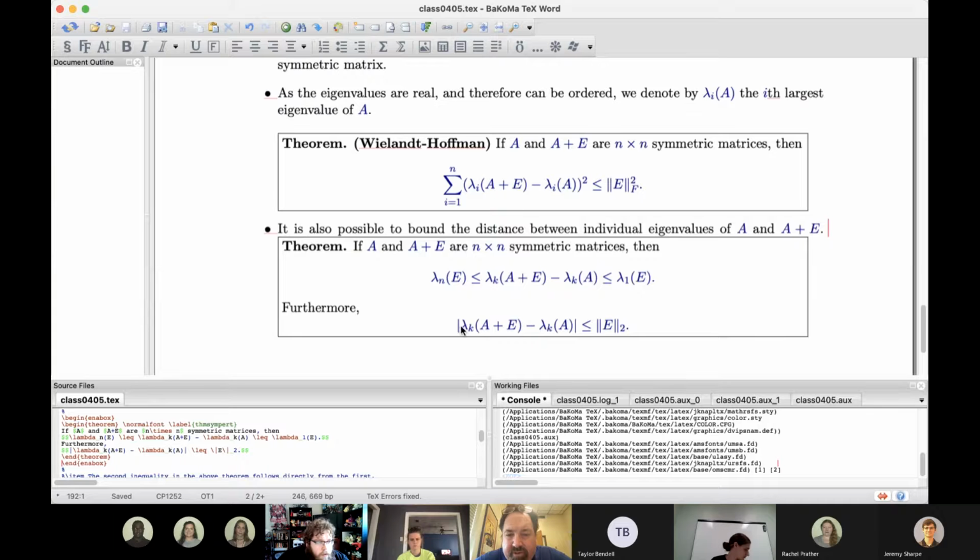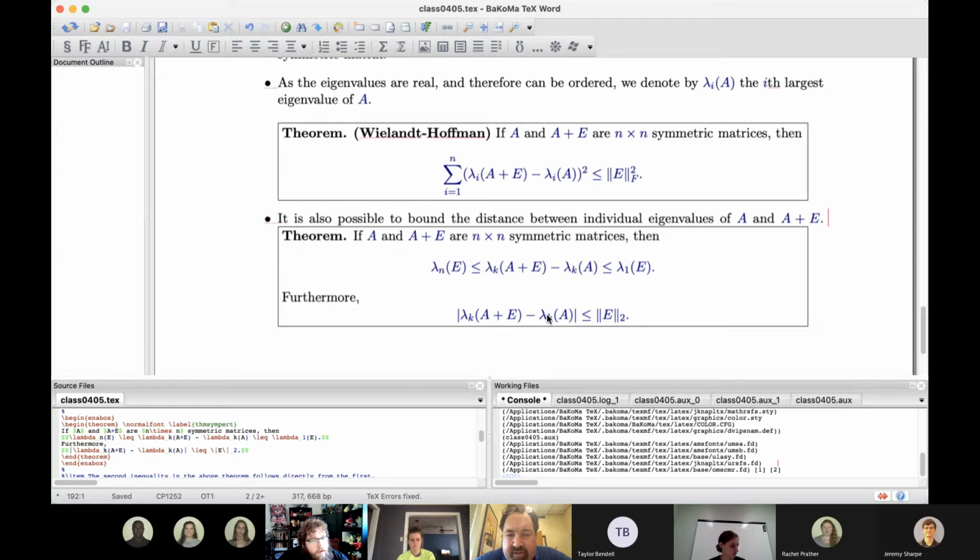This result can be used to prove this one, so a change in the eigenvalues is bounded in terms of the 2 norm of the perturbation. So again, if you have some idea as to the size of a perturbation, like if it's very small, then the kth largest eigenvalue of a matrix also undergoes a very small change.